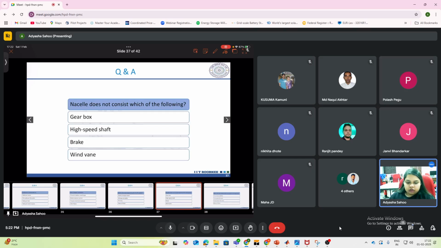Then for the wind turbine, the nacelle does not consist which of the following?